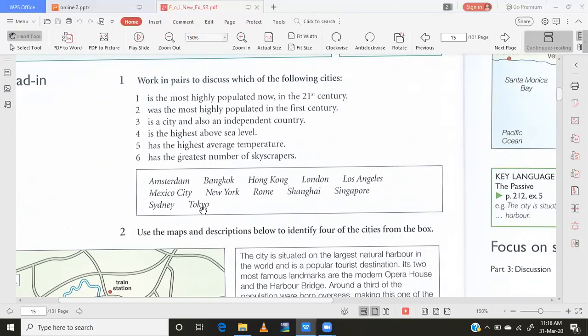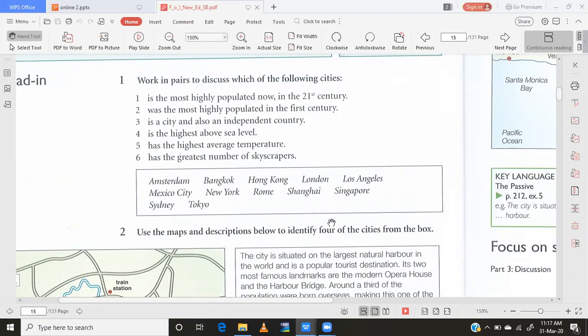The population of Tokyo is 35.3 million. Number 2 is Mexico City and New York. Number 4, Sao Paulo, and 5, Mumbai. So these 5 cities are the most highly populated now in the 21st century.